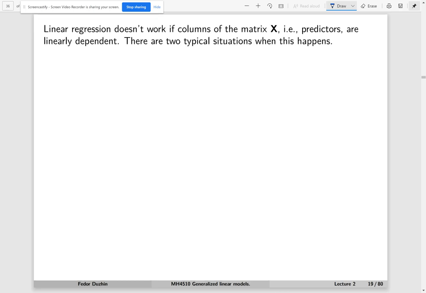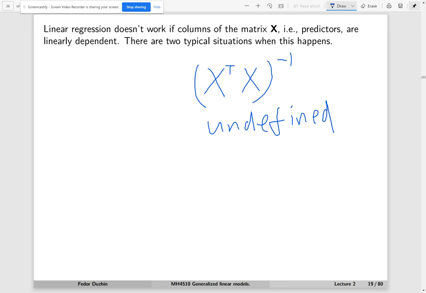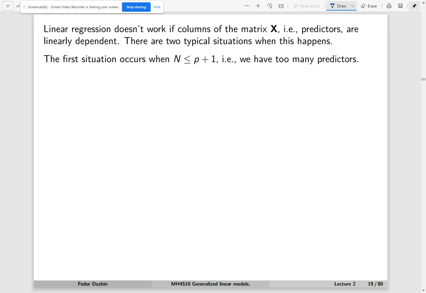Now, finally, as we already saw, linear regression doesn't work if columns of the matrix X, if columns of our training data are linearly dependent, right? Because in that case, X transpose X inverse is going to be undefined. So if columns of X are linearly dependent, then X transpose X is not invertible.